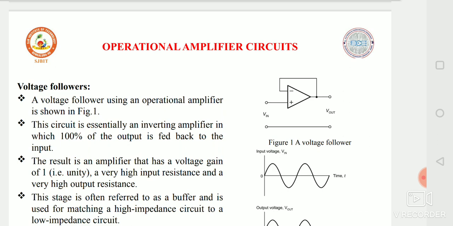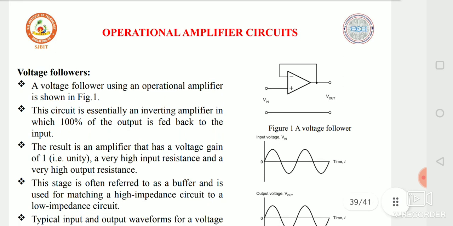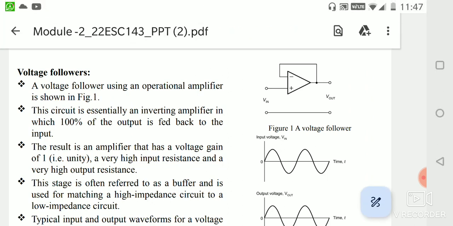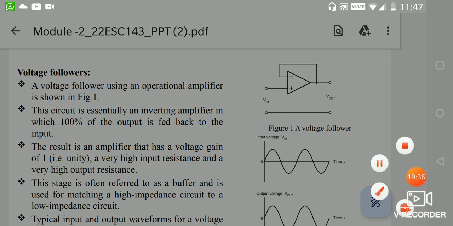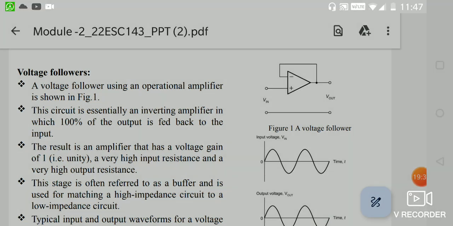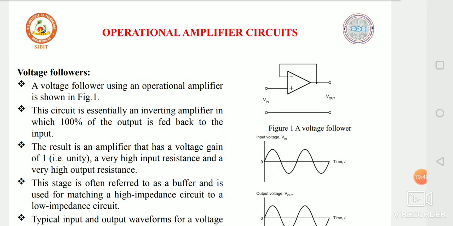So op amp as an amplifier circuit, or op amp as a voltage follower. You can see the voltage follower: if resistance is not given across the bypass, we will call that a voltage follower. A voltage follower using an operational amplifier is as shown in the figure.